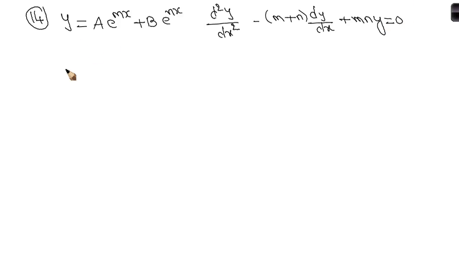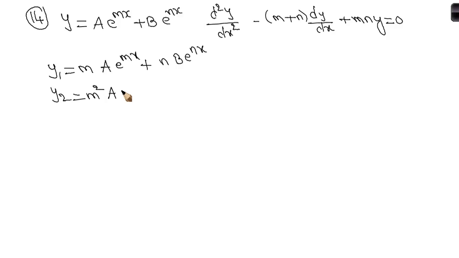So we have y here. So dy by dx or y1 both mean the same. y1 is equal to m into a into e power mx plus n into b into e power nx. y2 is equal to, again differentiate, that becomes m square into a into e power mx plus n square into b into e power nx.